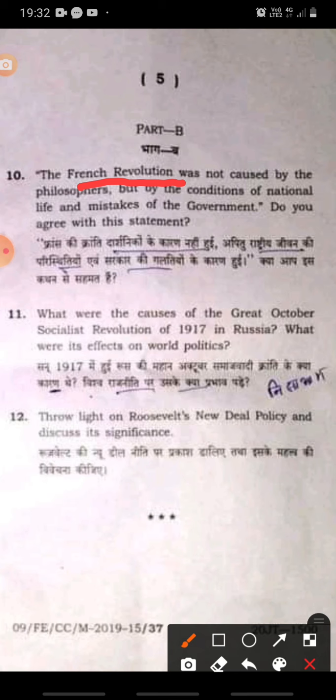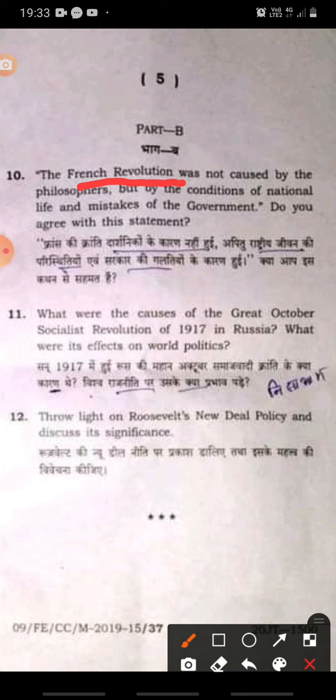You have to give facts behind your answer, and you can justify this statement. So this is about the causes. You cannot write direct causes, but if you have studied the French Revolution clearly, you can write this question.